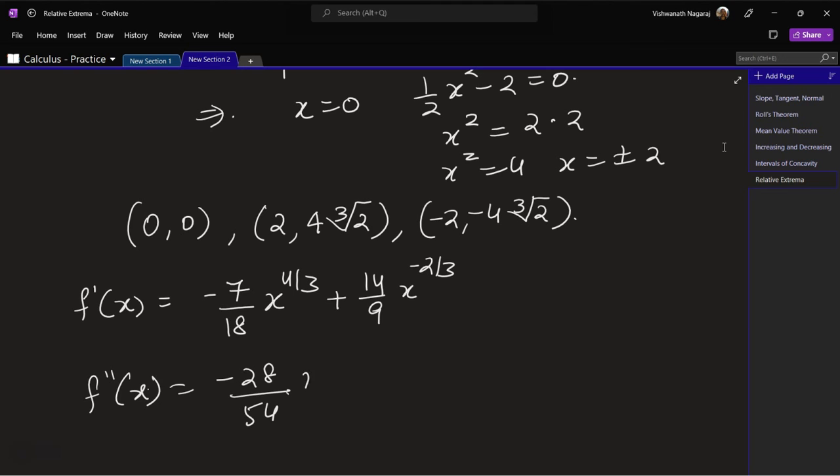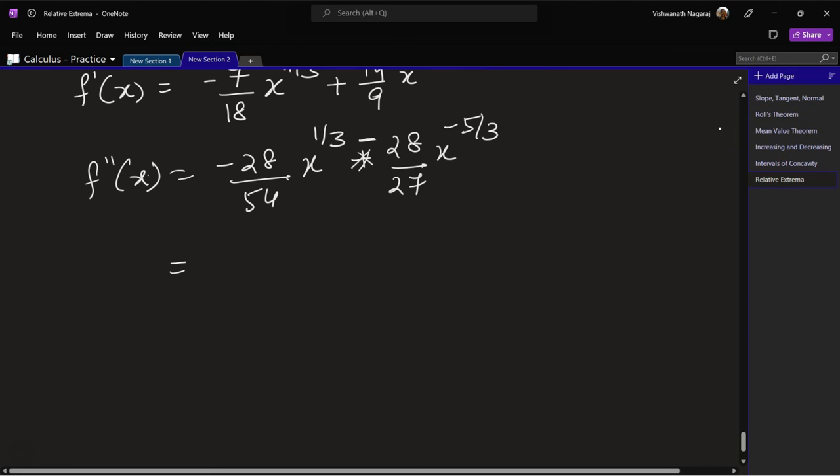And x to the power of 4 by 3 minus 1, which gives us 1 by 3. Okay? Then plus, again, which means 14 to 28. This will not be plus, because when we multiply with the exponent, this will become minus. So minus 28 by 9 3 is 27, x to the power of minus 2 by 3 minus 1, which gives us minus 5 by 3.